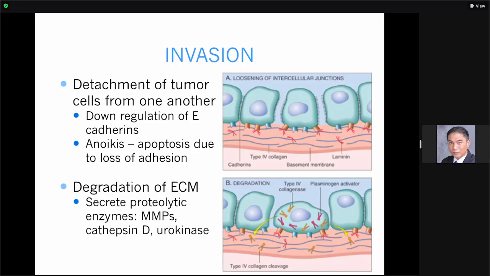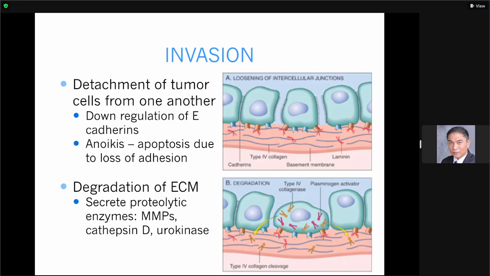In normal cells, this will promote anoikis. Anoikis is apoptosis due to loss of adhesion. But this does not happen in cancer cells. Hindi siya nangyayari. So aside from detachment of tumor cells from one another due to downregulation of cadherin, there will be degradation of extracellular matrix.